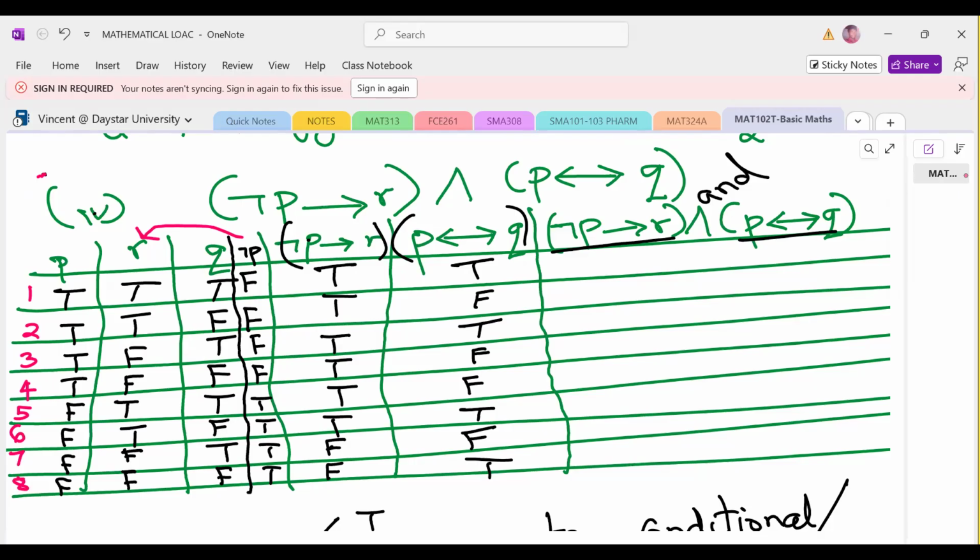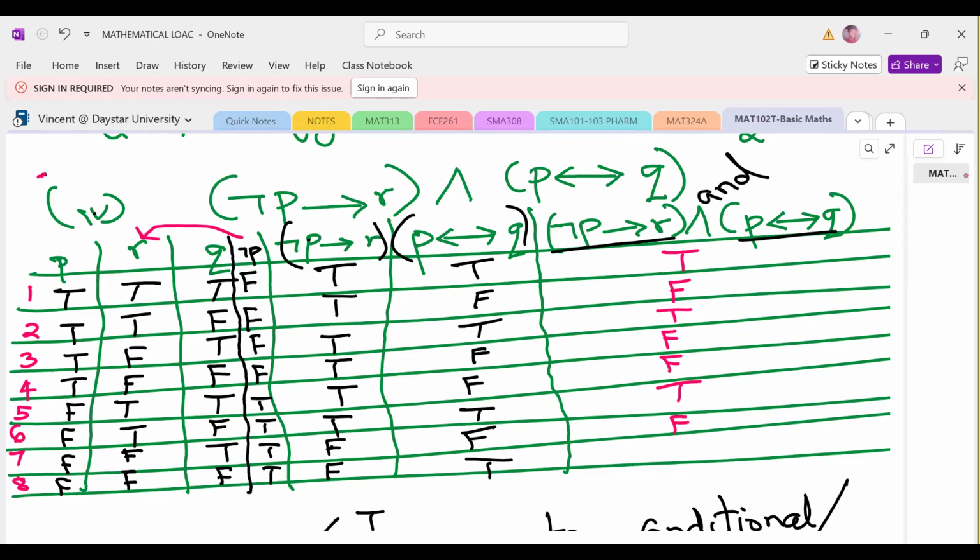So what do we put in row 1? True, correct. Then row 2 false. Row 3 true. Row 4 false. Row 5 false. Row 6 true. Row 7 false.